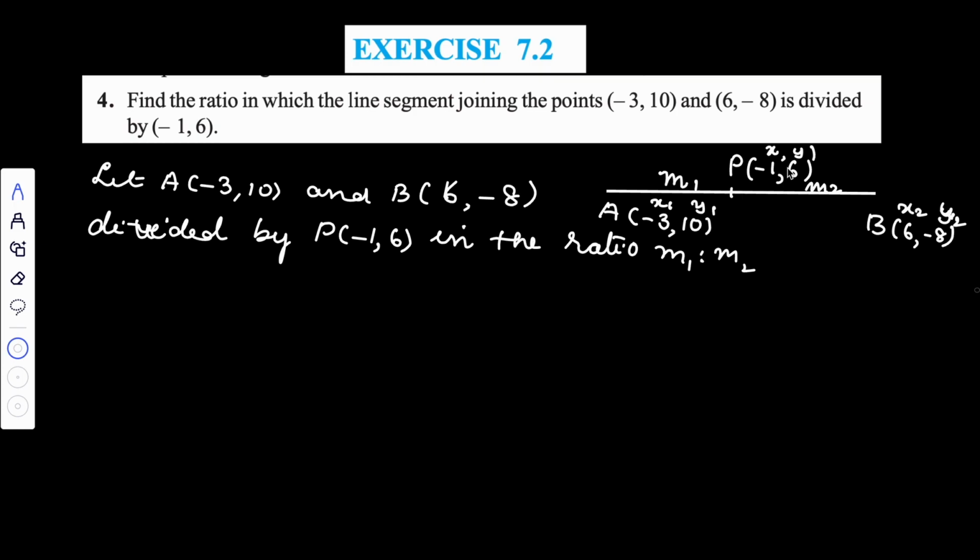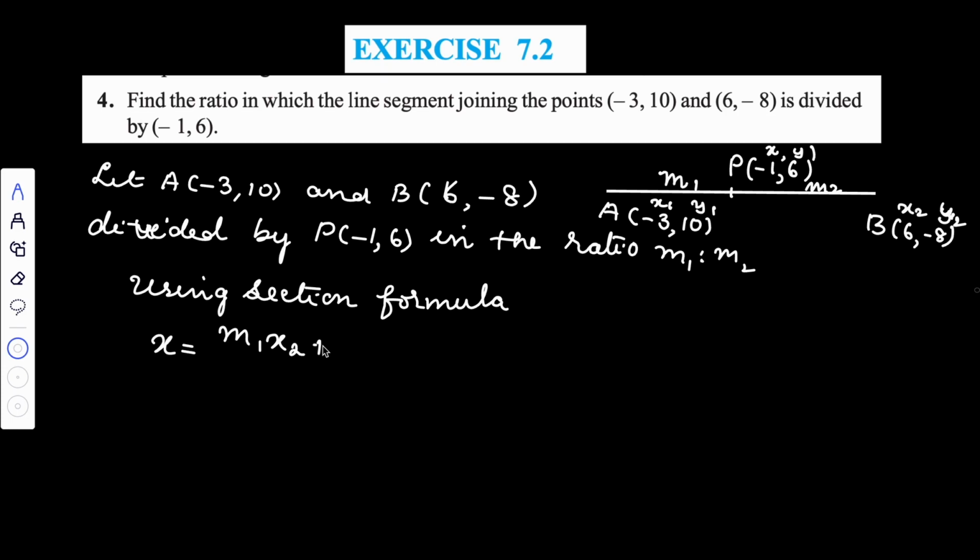Now here we want to find out the ratio. We can take the x coordinate using the section formula and find the ratio. So using the section formula, x is equal to (m1 into x2 plus m2 into x1) divided by (m1 plus m2).